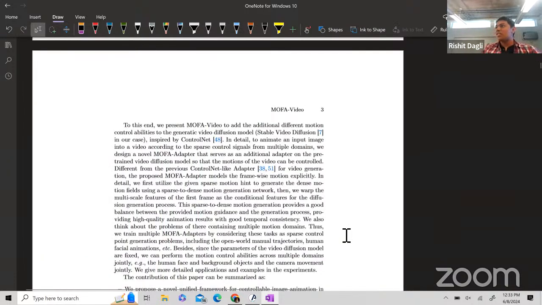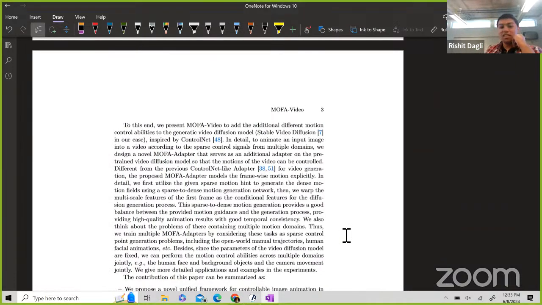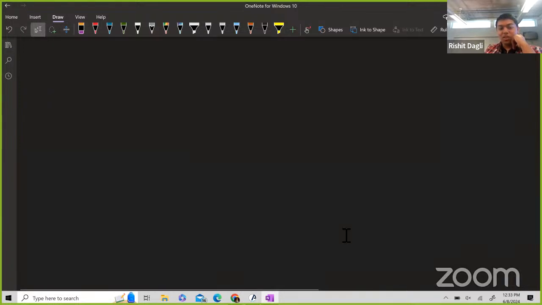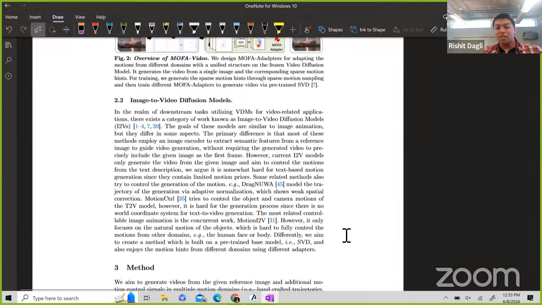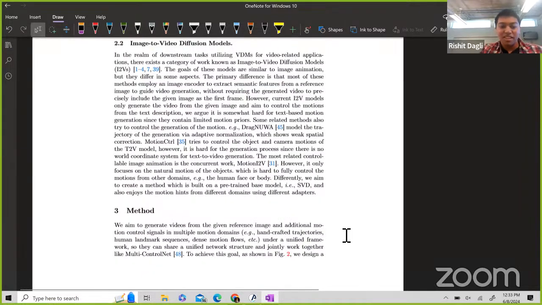I don't buy the title of video generation because you have an image and you're trying to move certain things in the image to create frames. That's not really video, right? They did say image animation though in the title.